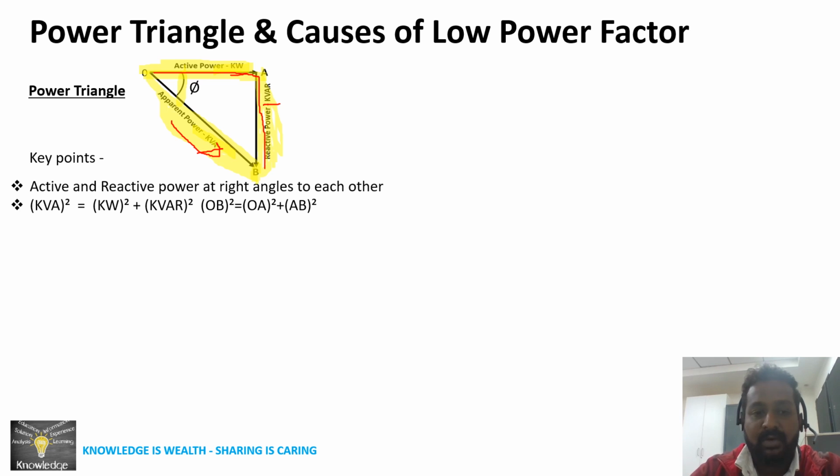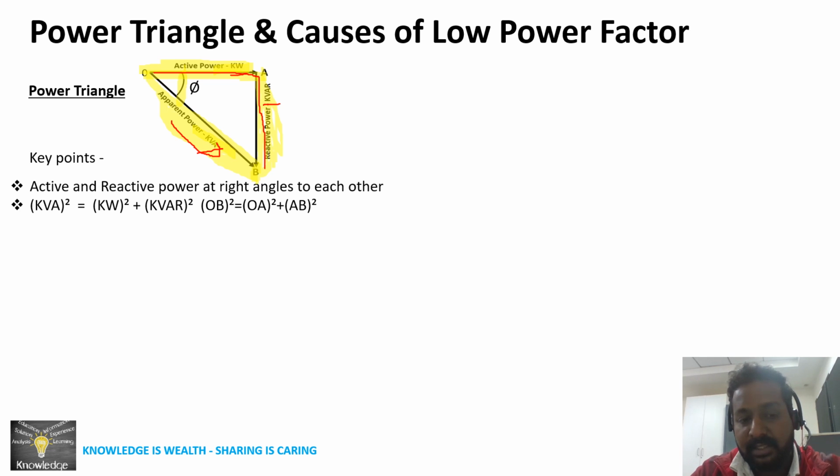So kilowatt is our building load, the useful consumption by the utility assets, and kVAR is the reactive component, which is added to the kilowatt. Adding reactive power and active power gives you the capacity or rating of the equipment in kVA.